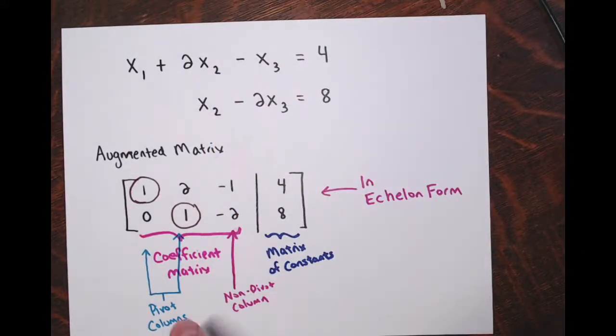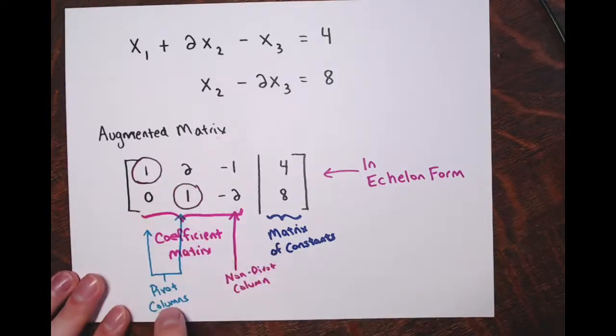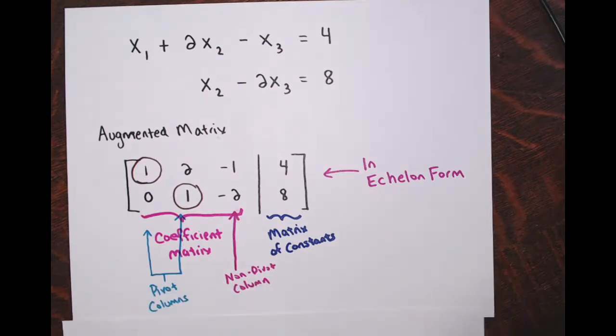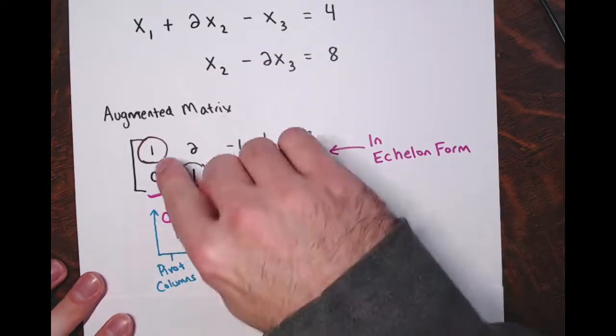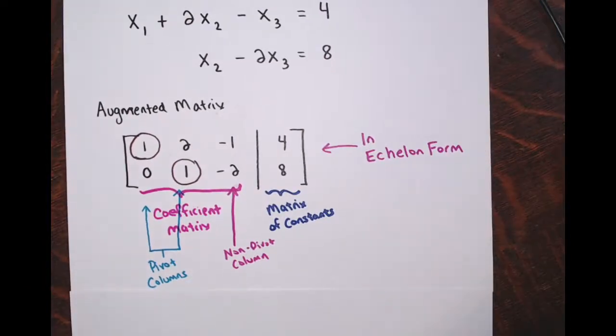Since column 1 and column 2 are pivot columns, and the first column corresponds to the coefficients of x1, we would say that x1 is a basic variable.